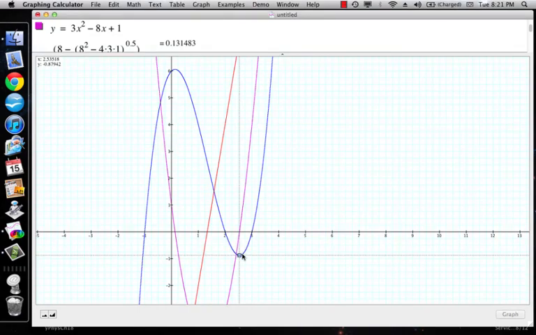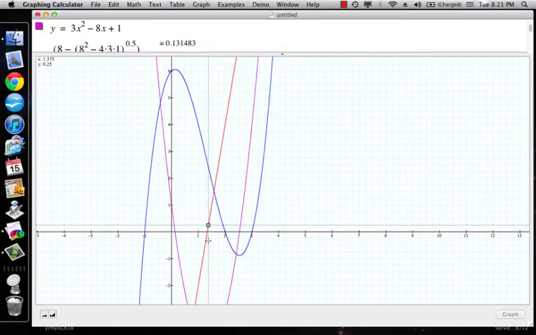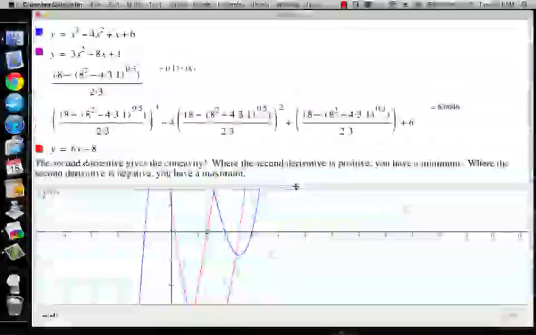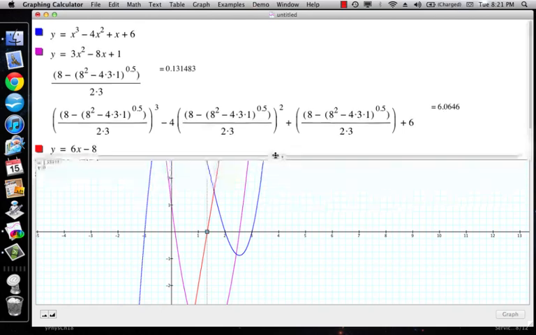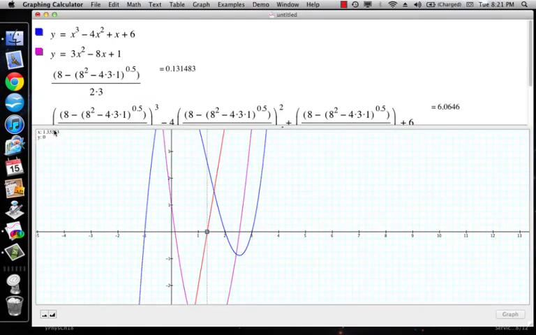And so wherever it bends up, the critical point has got to be a minimum. And then our point of inflection, we haven't really talked about it all that much, but our point of inflection is right there. And we can use our equation to find that point of inflection pretty easily. Set that equal to 0, and you're going to get 8/6, or 4/3. So at x equals 1.33333, you've got a point of inflection.